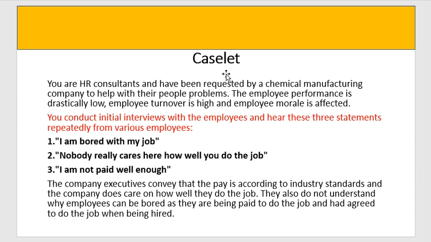So this is typical. These problems happen especially in smaller companies who have not really thought about putting in HRM systems. Usually they are led by one man or two founders who have set up the company, they run it, they're focused more on the production, operations, clients, and they tend to forget the employees.